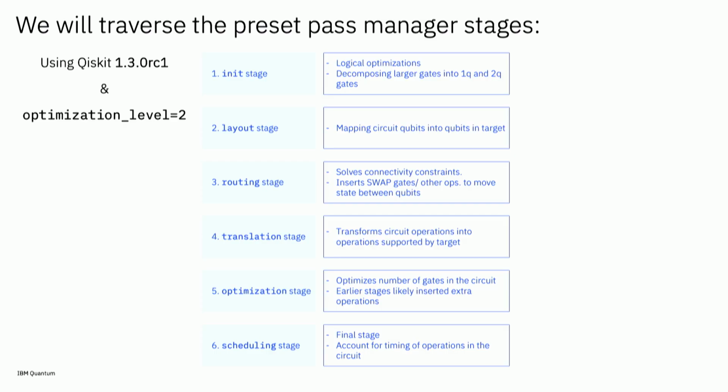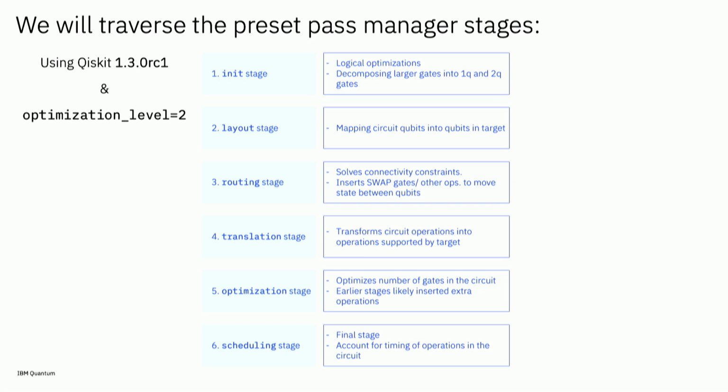So now that we've covered the architecture of Qiskit's transpiler, now let's look at how the preset pass managers are actually constructed and how they work, and how all of the passes on the inside of the transpiler work. So I'm going to be looking at optimization level 2 and using Qiskit 1.3.0 RC1, the most recent, well, pre-release.